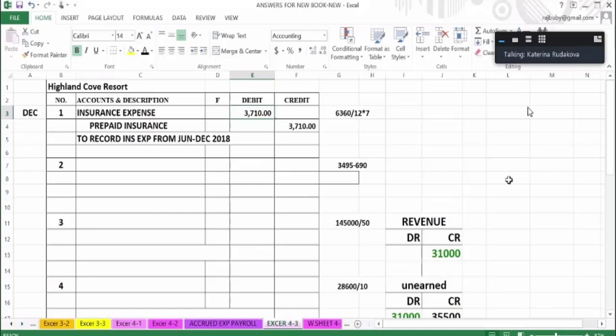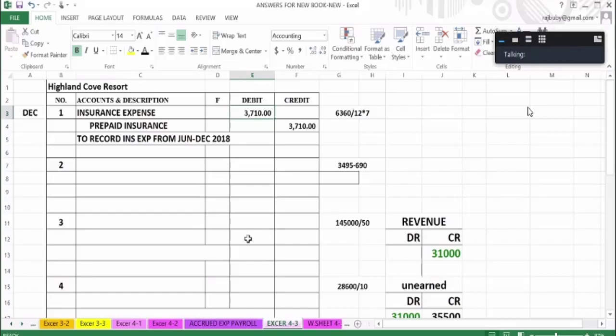How are you going to do it? Supplies expense is the rest, which is 3,495 minus 690. That is the expense, a debit. Credit is supplies, right? You are going to decrease from supplies and increase your expenses.